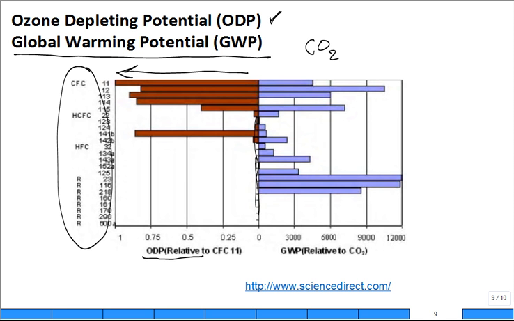They just call it climate change now, but global warming potential. And so for the same refrigerant, you can measure how bad it is for global warming potential. The larger the bar is to the right, in the blue color, the worse it is. And so what you want to pick are environmentally friendly refrigerants. And so, again, R410A seems to be one that's popular, and R134A is very popular.